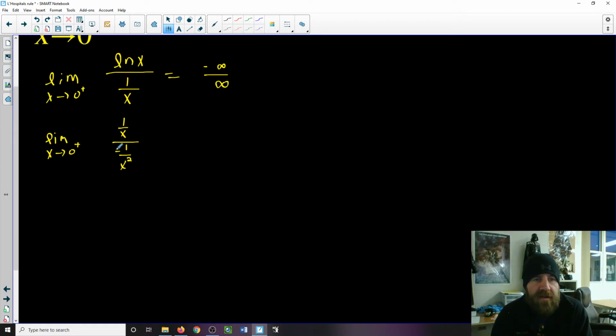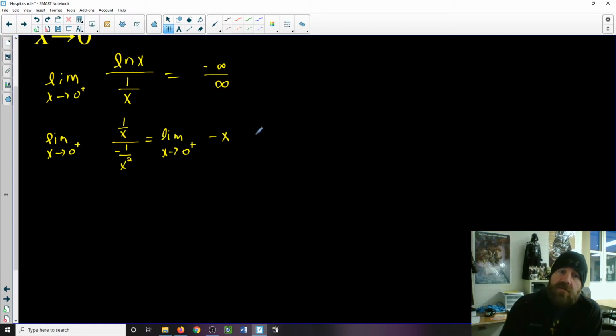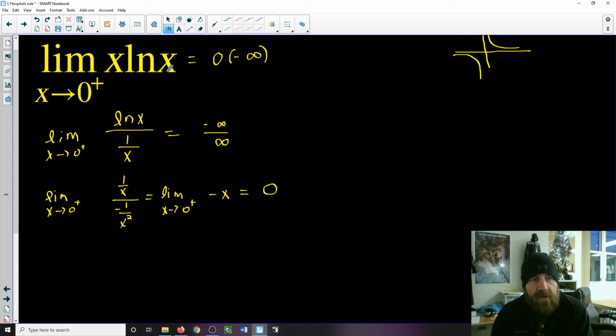If we take the bottom fraction, flip it, and multiply it to the top, we have to write the limit up, keep it accurate, and that turns into a negative x. So now when we plug in 0, we just get 0. You can confirm that by graphing the original, x ln x, and as you approach 0 from the right, we're approaching 0.